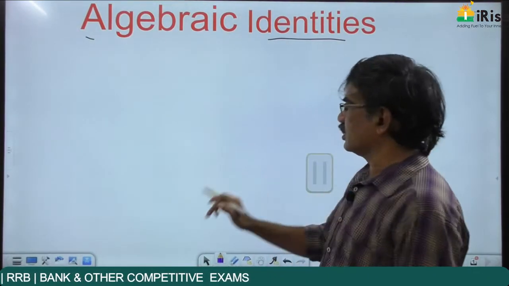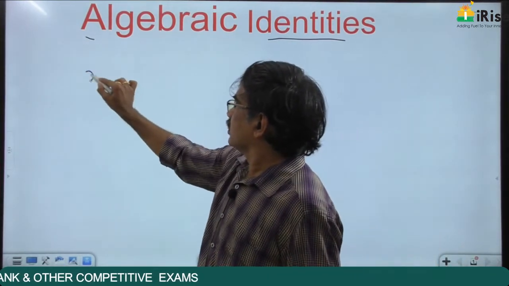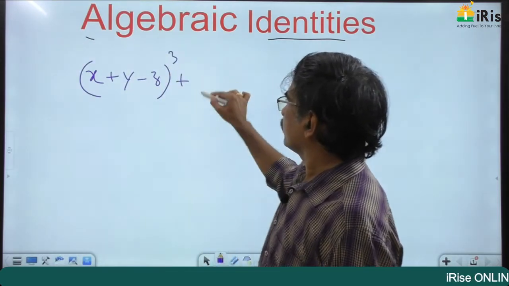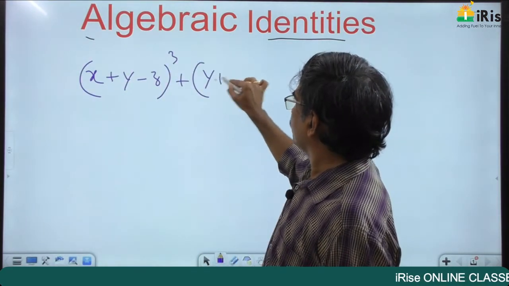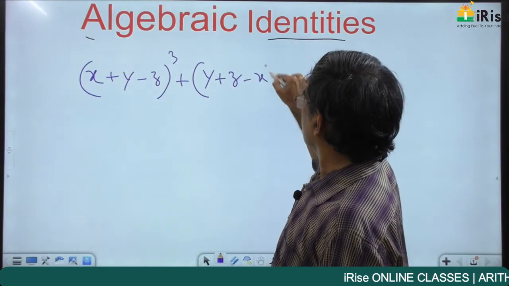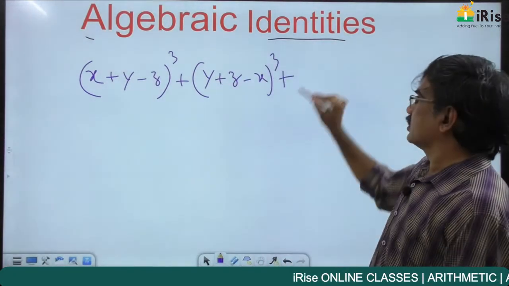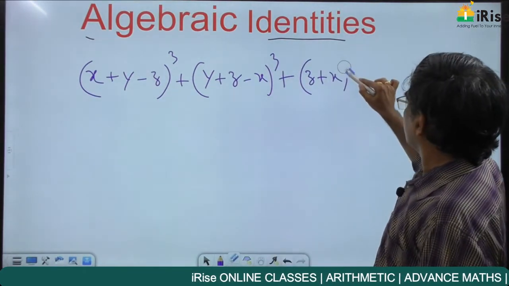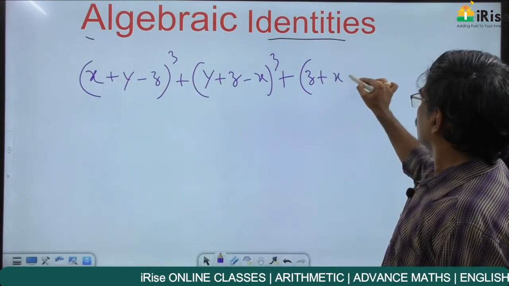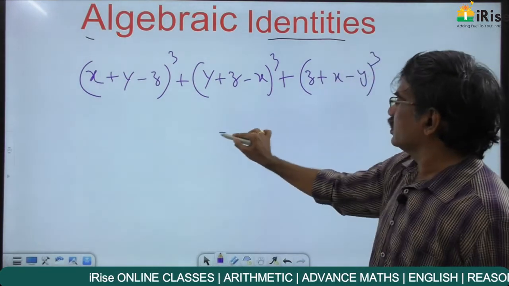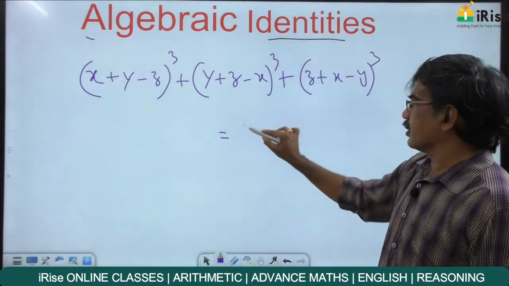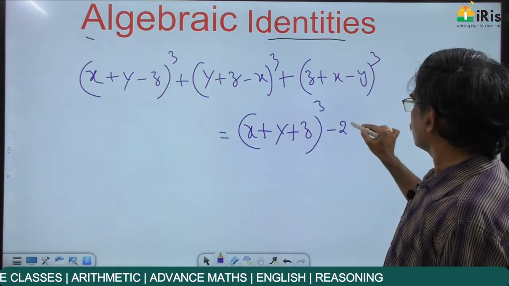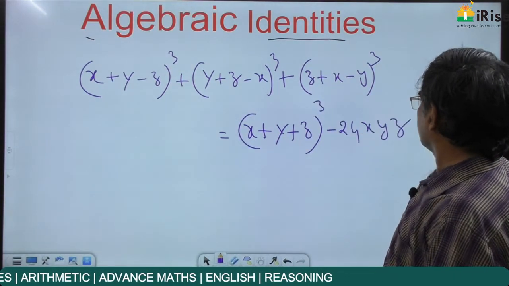Just note that formula. (x plus y minus z) whole cube plus (y plus z minus x) whole cube plus (z plus x minus y) whole cube is equal to (x plus y plus z) whole cube minus 24xyz.